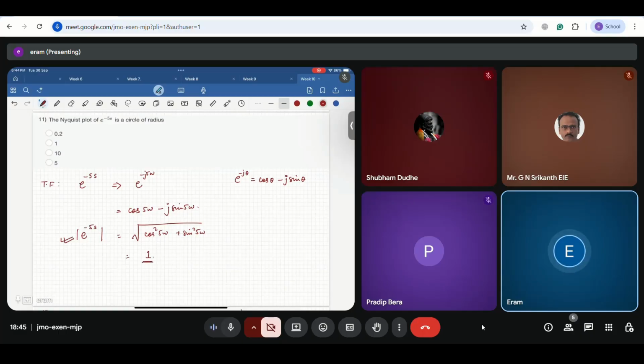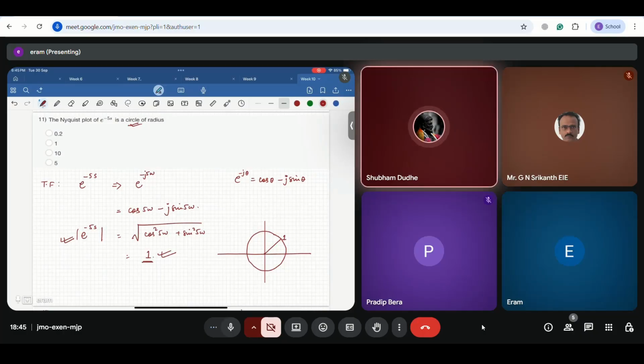And it is given that the Nyquist plot of e to the power minus 5s is a circle, and from here we have calculated the magnitude. So you always have a magnitude of 1. So what is the radius of this circle?